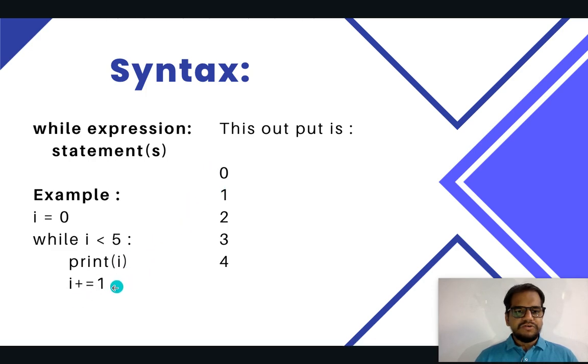Okay, so the loop goes again. I's value right now is 1, which is less than 5.